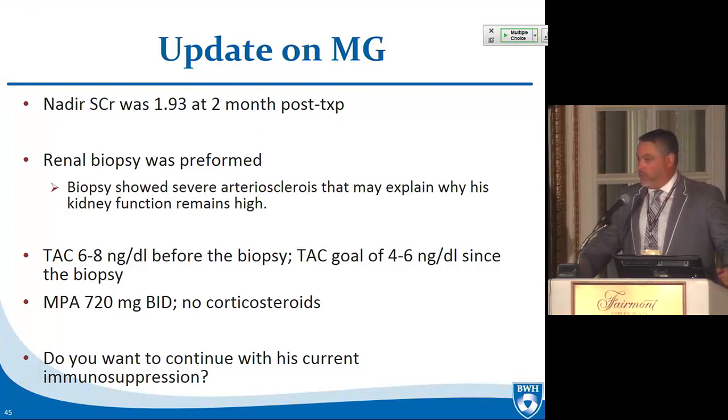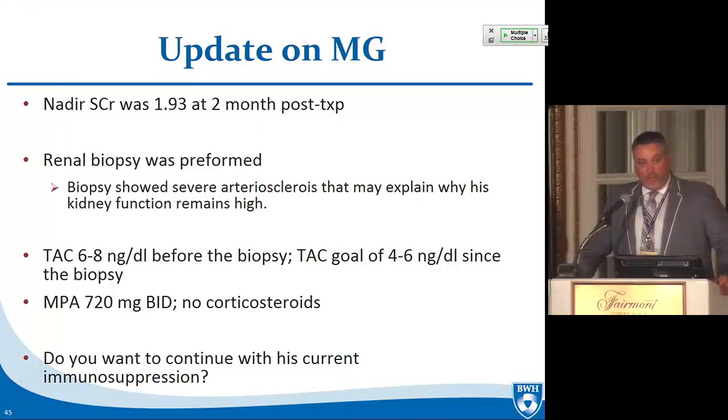Now's the time where you're starting to run into issues. Is that vasoconstriction from TAC in a kidney that has arterial sclerosis causing significant problems? This was a patient we actually just are in the process now of converting over to belatacept. And this was a patient where we felt getting off of a calcineurin inhibitor would provide some benefit, and we've erred on the side of getting folks off by using belatacept versus an mTOR inhibitor.